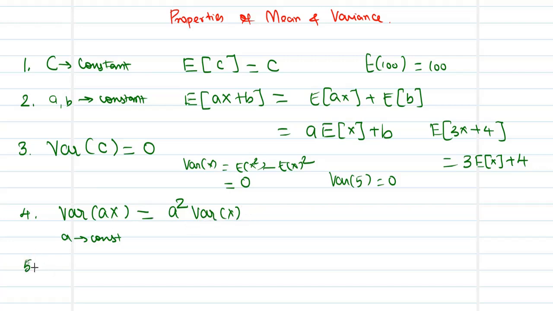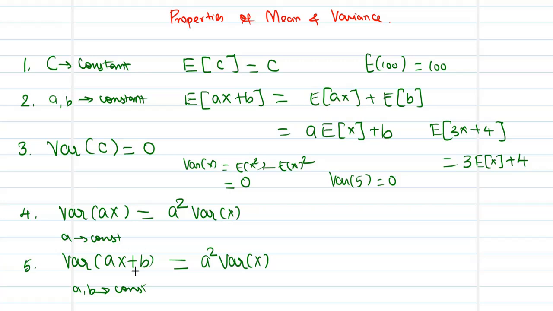And property number 5: the variance of Ax plus B, where A and B are constants. You can split it as the variance of Ax plus the variance of B. We know the variance of Ax is A square times the variance of x.